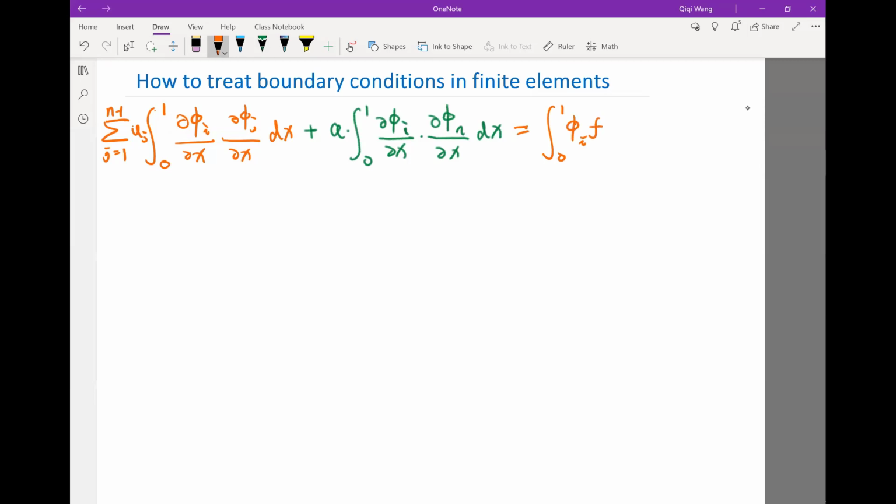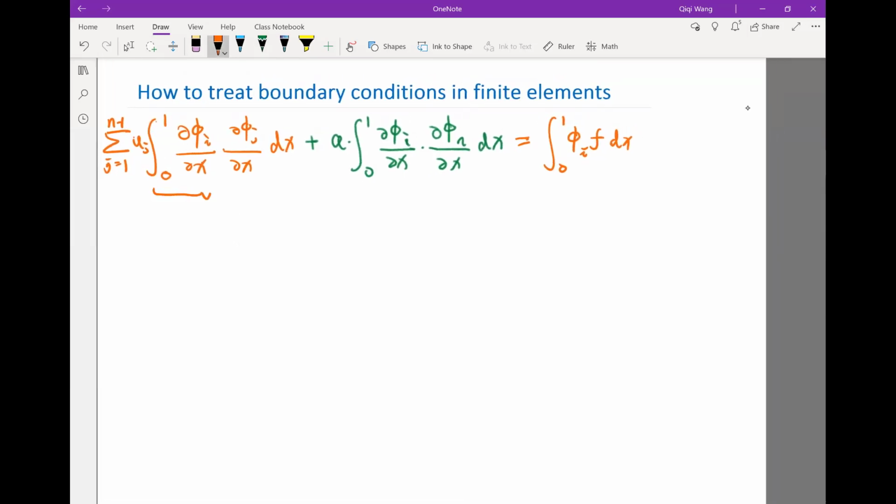We have vi f dx. Okay, we have denoted this integral as aij and discussed how we compute that, right? So this new green term actually has really no difference from this aij over here. So we'll just call it ain, where n is actually beyond the summation index for j inside the matrix.